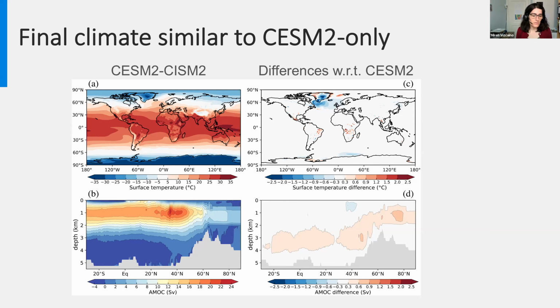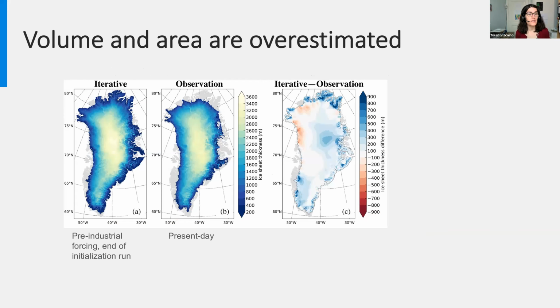And so in terms of ocean circulation and climate, everything was very similar. We have some differences that are mostly due to the fact that the simulated ice sheet topography is not the same as the observations. And this introduces some differences in the climate locally in the area of Greenland.